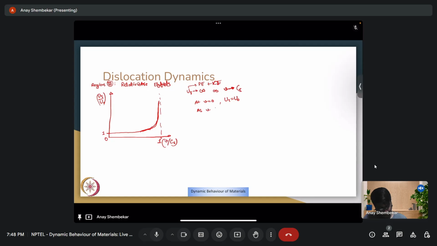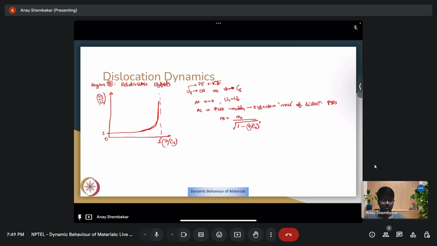As dislocation velocity v increases, the effective mass of the dislocation increases. So it follows a relation similar to Einstein's relativistic theory, 1 minus (v by cs) whole squared.